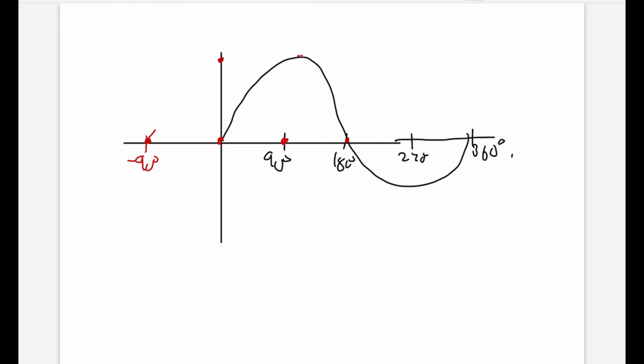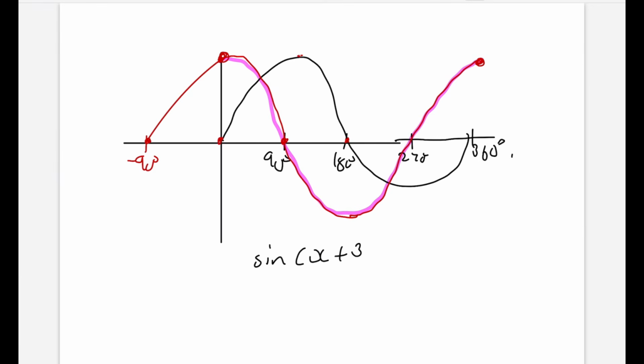So the graph would now look something like the following. Cuts here, lowest point here, and back to 270, and completes itself here. So as you can see, this red thing is actually a cos graph. Shifting a sine graph 90 degrees to the left ends up in a cos graph. The sine of x plus 90 gives us a cos graph.